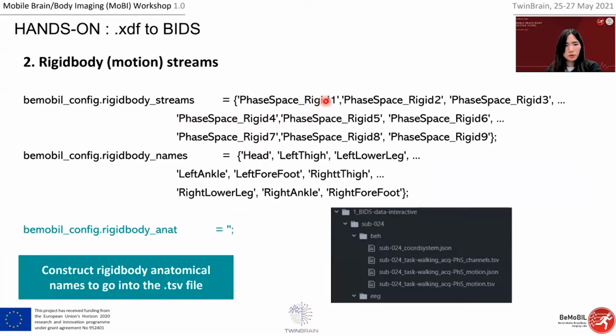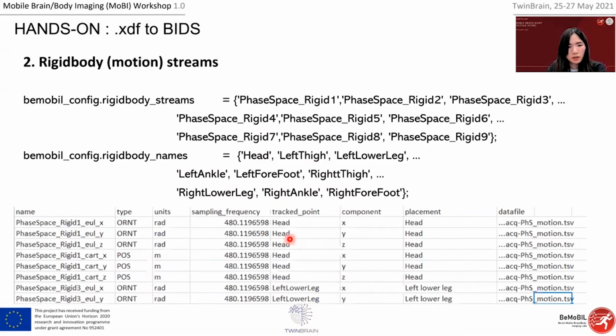So rigid 1 was actually the head, and then rigid 2 was actually the left thigh, and so on. So now you should be able to recognize the names. And in case you have a more detailed anatomical description of these body parts, I planned it to be a hands-on activity, but we can skip this. If this is already enough for you, then you can just leave it empty or not specify it.